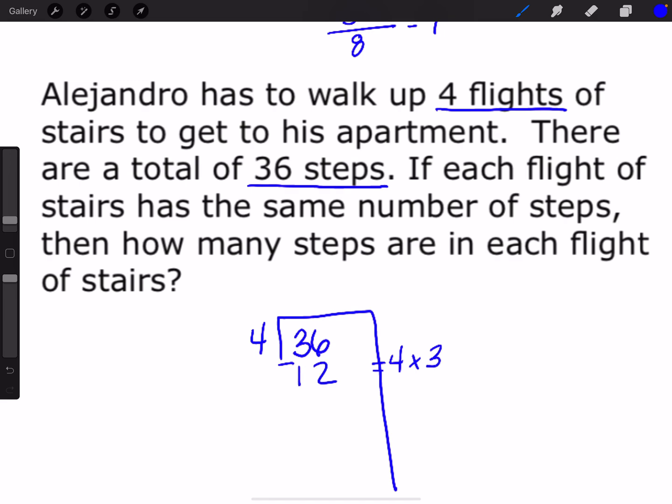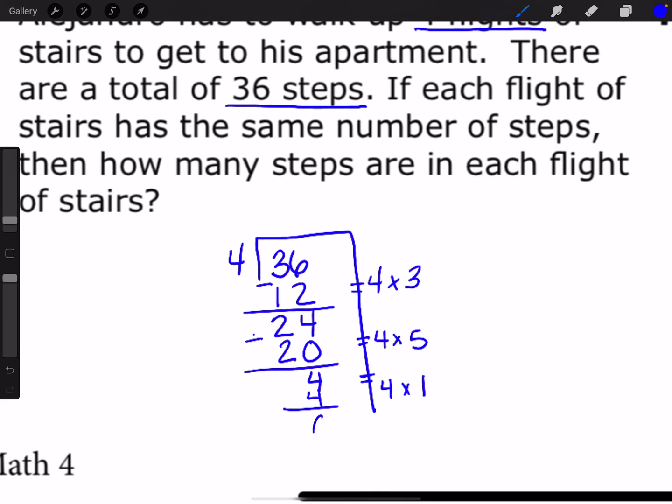We're going to take 12 out. 6 take away 2 is 4. 3 take away 1 is 2. We know that 4 times 5 is 20, and 24 take away 20 is 4, and then we know the final one is 4 times 1, which is 4, and we end at that 0 because we're subtracting 4, take away 0.